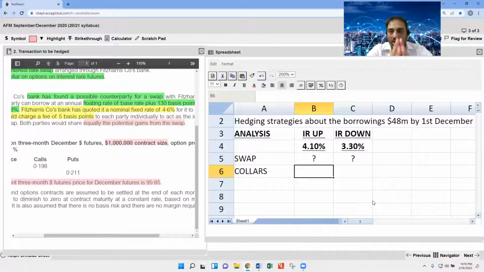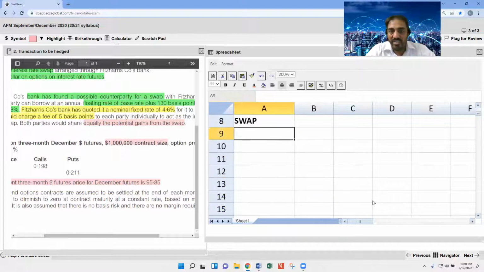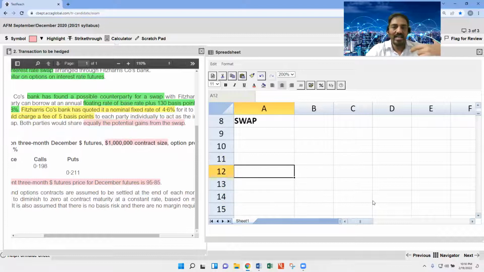Whatever the swap arrangement will be, the final answer remains same because it's like a long-term forward contract. So whatever we do with the swap, interest rate swap, it's for the arrangement, not the outcomes. Okay, let's start with the working.